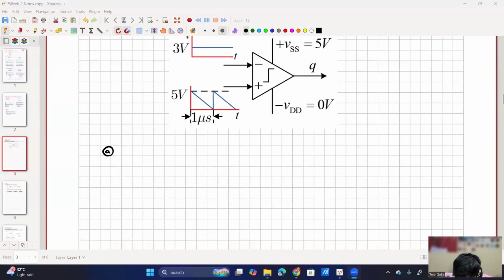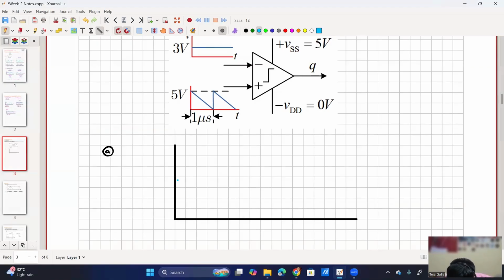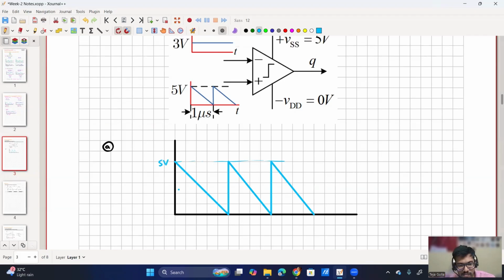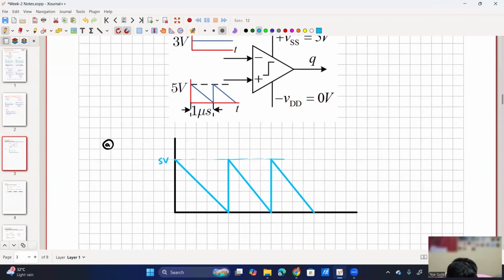You don't wait for me, you can start solving. I'll also be solving parallelly. Okay, so I have drawn the 5 volt. I have taken a 1, 2, 3, 4, 5 grid so that it will be easy for me to understand.